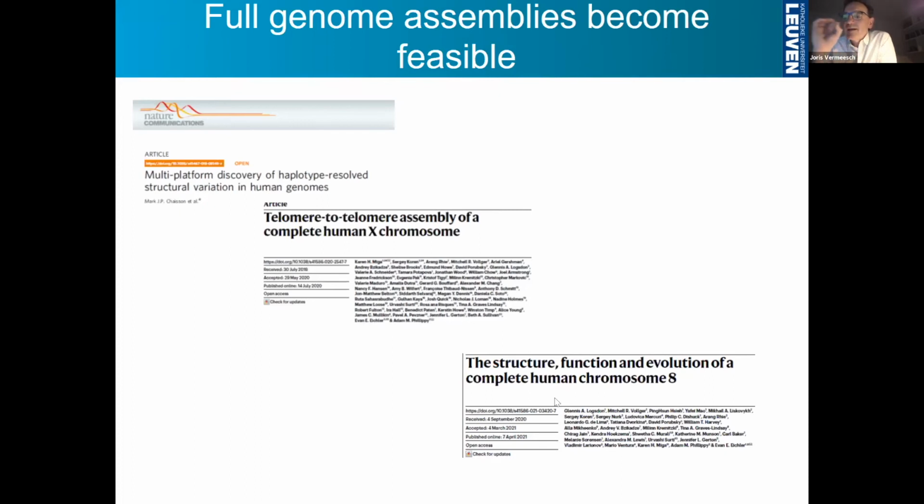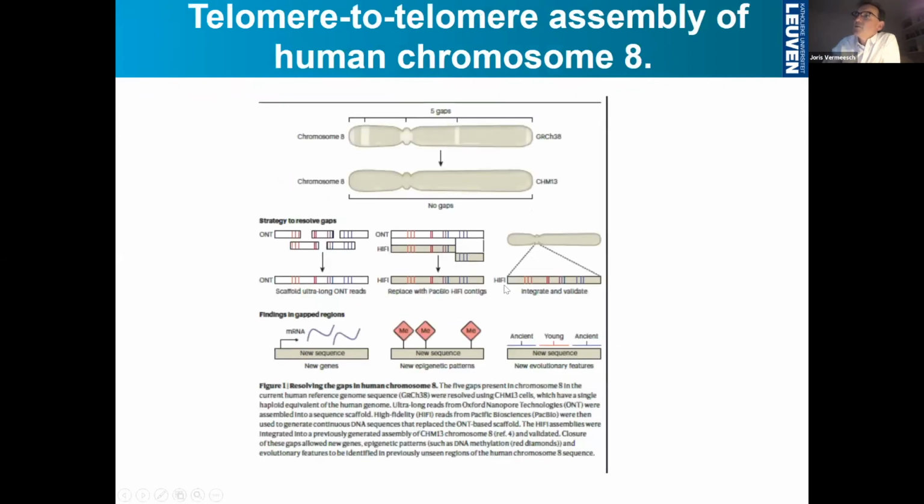Nevertheless, it allowed for the first time to go from telomere to telomere. I zoom in a little bit on this chromosome 8. Why I got excited about that is that in chromosome 8, in the human reference genome, there were still 5 gaps. By having ultra-long-read ONT sequencing and somewhat shorter reads, PacBio HiFi and ONT, and integrating that together, they could close all the gaps.